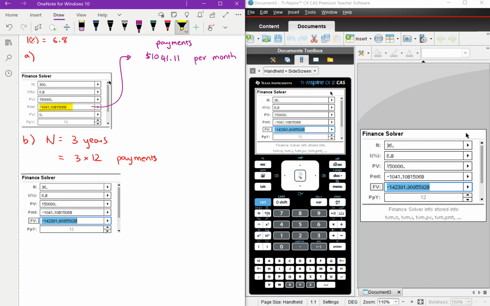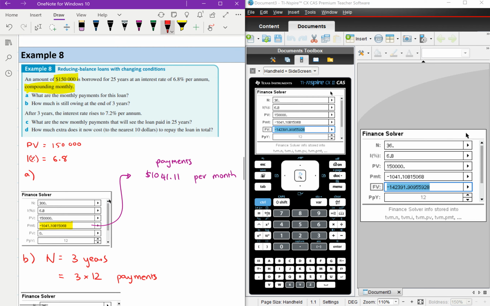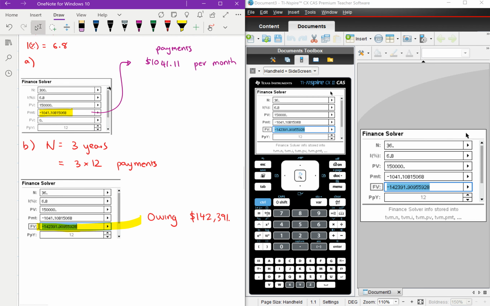I now end up having a value that is how much I'm owing. So negative tells me I'm still owing $142,391. Did it say to the nearest cent or no? Didn't say. All right, well, that'll be 91 cents. Okay. Let's have a look. 391.